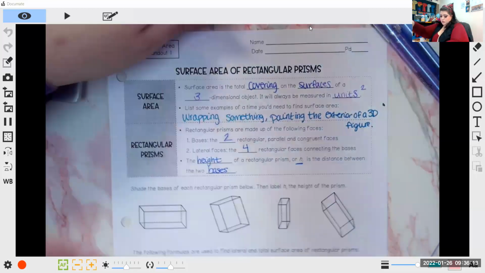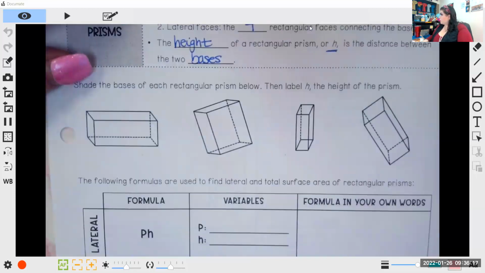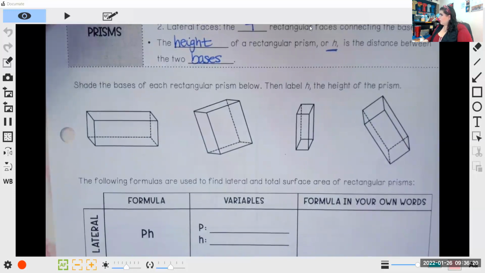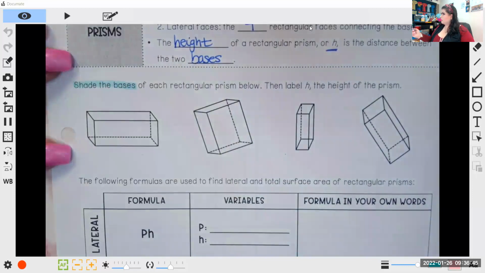All right. So let's give some more help for this as well. Let's shade the bases of each rectangular prism below. Then we're going to label the height of the prism. So you want to take a highlighter. It doesn't matter what color you use. First, we're going to shade the bases.